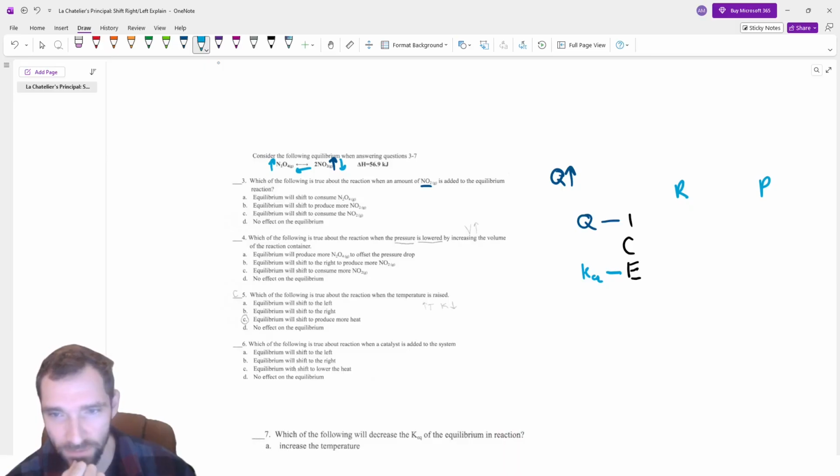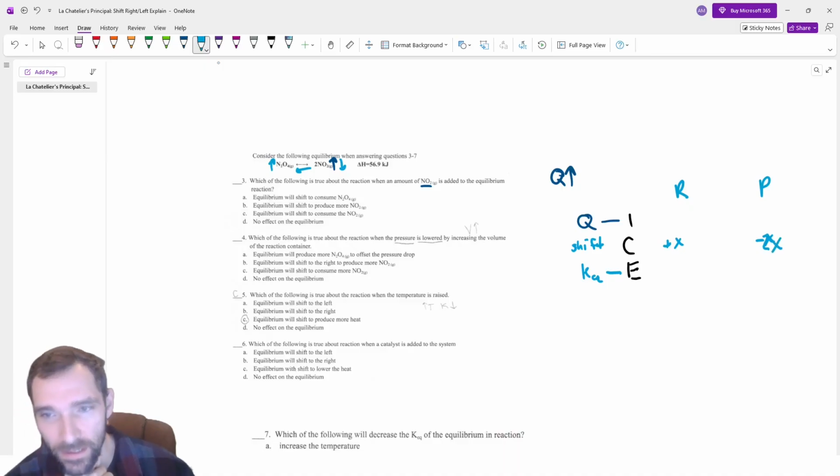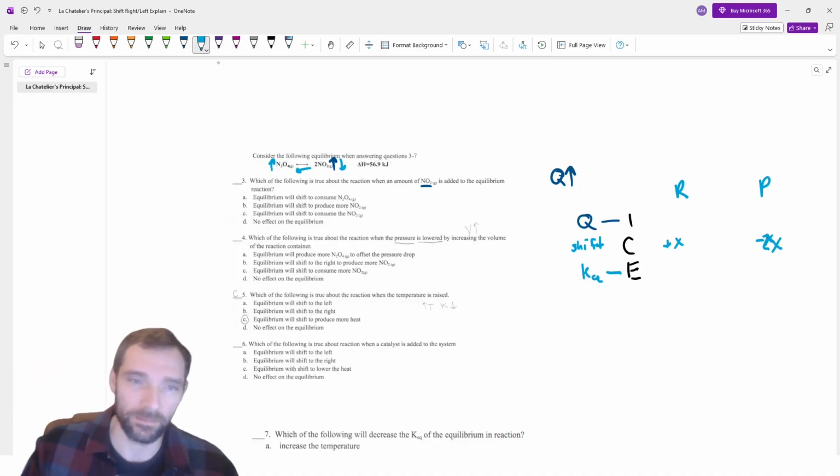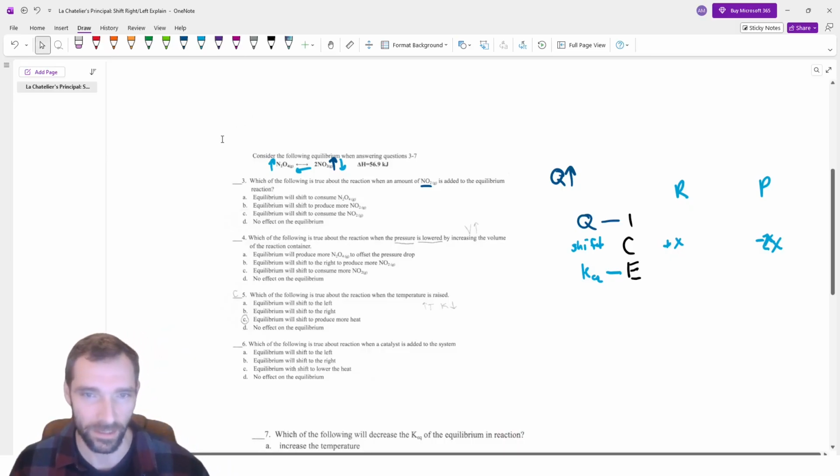This is that shift where you're taking away some value from product and adding it to the reactant. In this case, we've got 2 of these being consumed for every one that's being made, so you need to take 2x away for every x that you're making of the reactants as a response to that cause, or what we did.